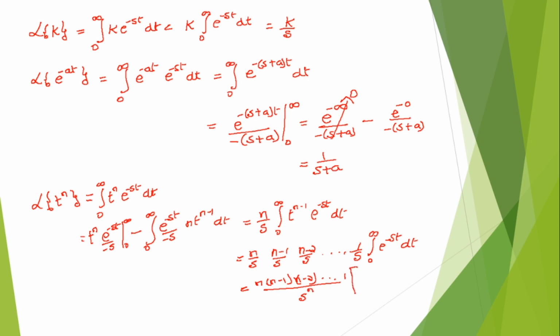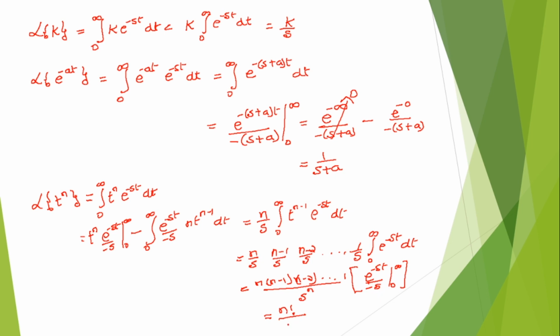Now what is the integral of e to the power minus st? E to the power minus st by minus s from 0 to infinity. This we have already calculated and it is equal to 1 by s. Now what is this? n into n minus 1, n minus 2. It is the same as n factorial divided by s to the power n.